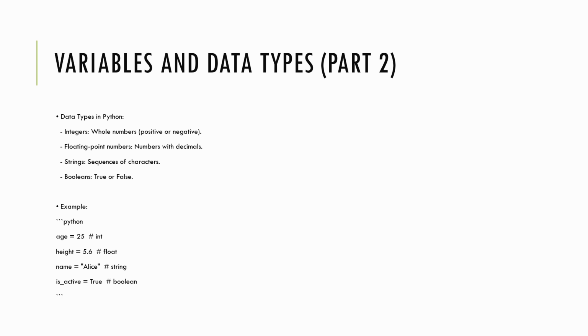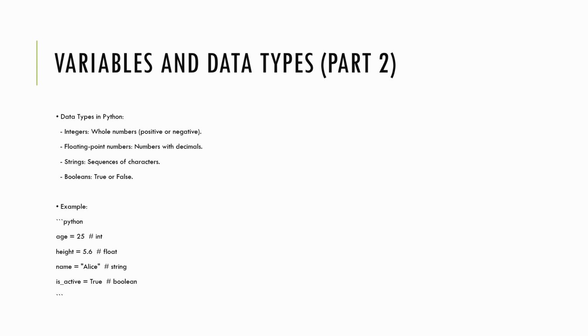Now, let's look more closely at the different data types you will encounter in Python. There are a few basic types: integers, floating point numbers, strings, and booleans. Integers are whole numbers like 25. Floating point numbers have decimals like 5.6.